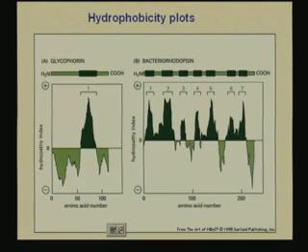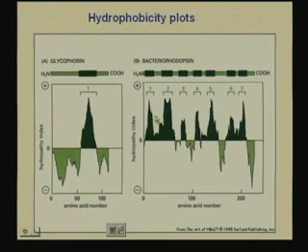So, when we do these plots for say glycophorin in this case, we consider here the hydropathy index that has a negative value here and a positive value here. We have the specific amino acid number along the x axis. In this case, what we see is that there is one transmembrane segment. The single transmembrane segment is determined by the positive hydropathy index in this hydrophobicity plot.